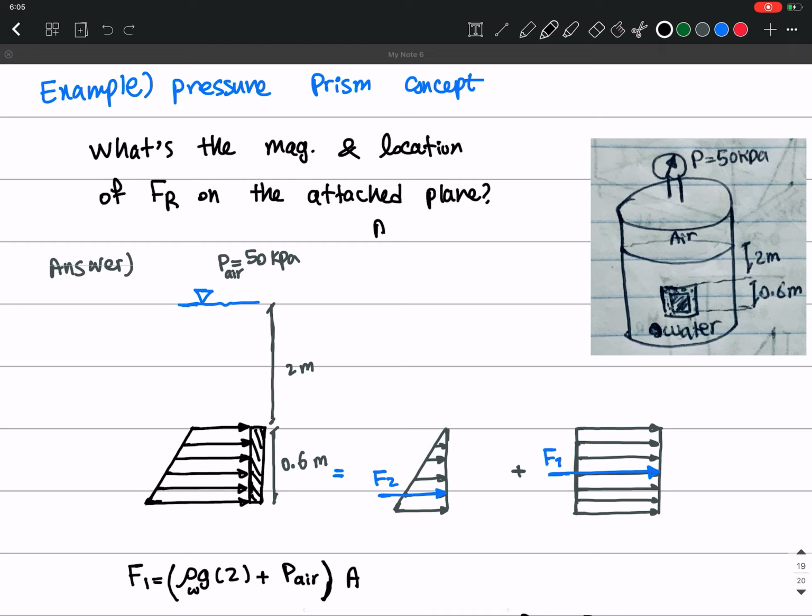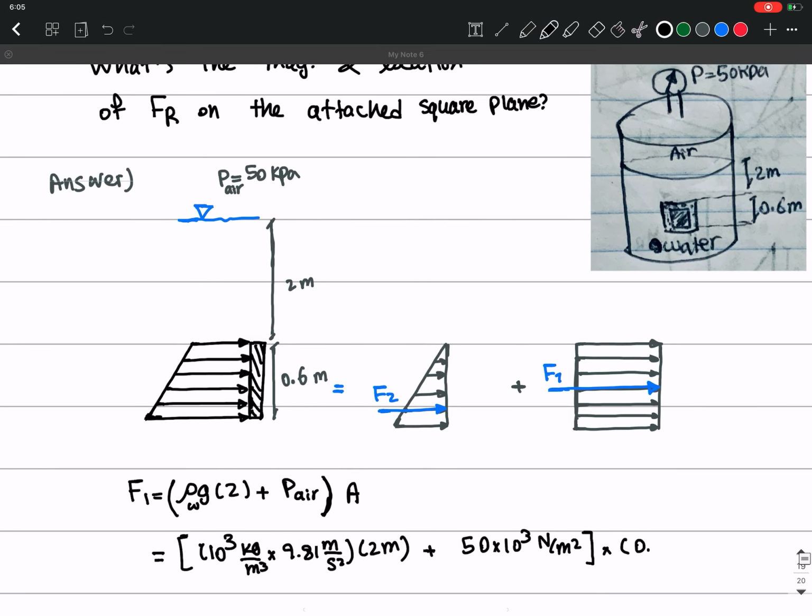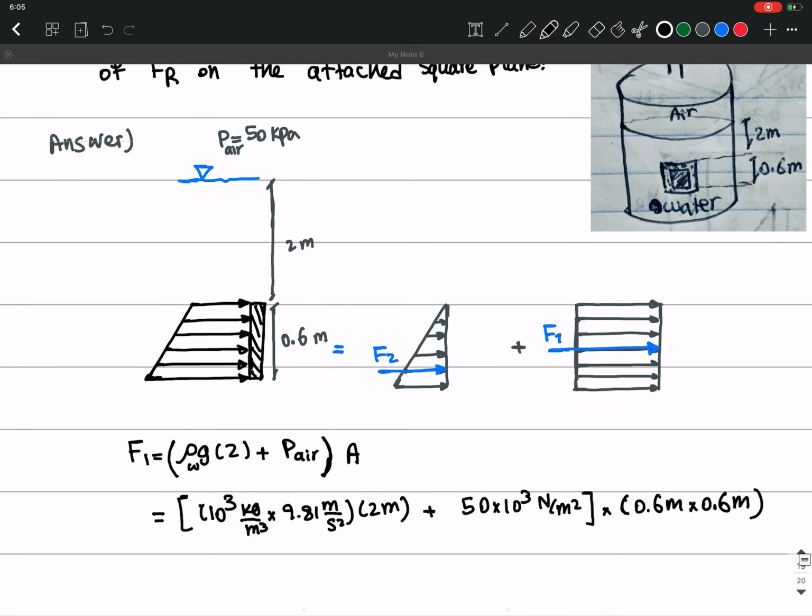You can just imagine this is a square plane attached. So the area is going to be 0.6 meter times 0.6 meter, or 0.36 meters square, which is gonna be 2.51 kilonewton.